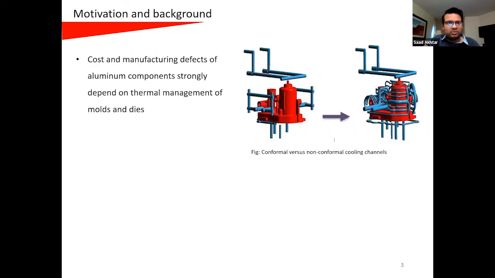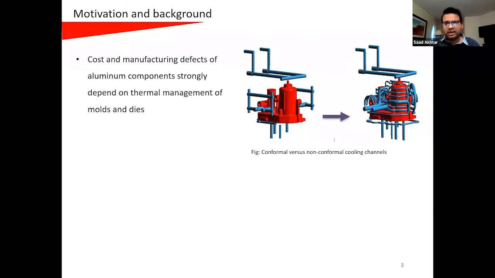So a bit of motivation regarding the project, and a bit of background for those of you who are not familiar with conformal versus non-conformal cooling channels. Cooling channels are an important part of manufacturing aluminum components, especially using molds and dies. You want very accurate control over the thermal management of these parts.